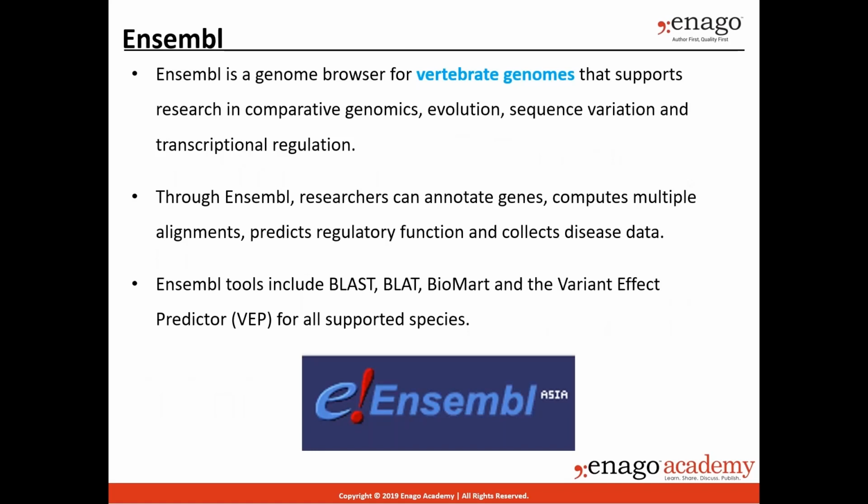Ensembl, which I've used a lot, is a genome browser for vertebrate genomes that supports research in comparative genomics, evolution, sequence variation, and transcriptional regulation. Through Ensembl, researchers can annotate genes, compute multiple alignments, predict regulatory function, and collect disease data. These tools include BLAST, BLAT, BioMart, and the Variant Effect Predictor, VEP, for all supported species.